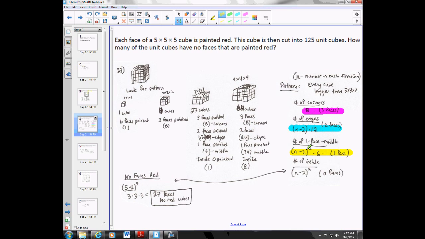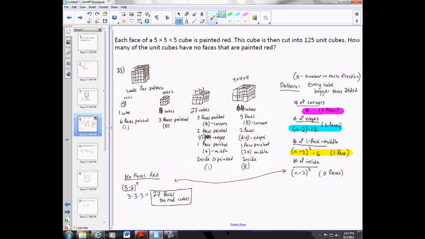It's like an inner cube. The inner cube is always going to have a side length of 2 less than the outside, and that's basically we're taking off the outer shell, if you can imagine that. So in the inside, it's always going to be n minus 2, but it's volume, so you do that times itself 3 times. And then when you add all these up, it'll always equal the 3 numbers multiplied together.